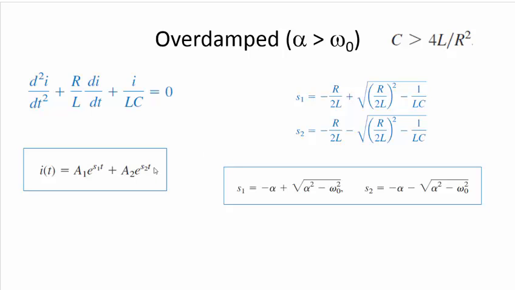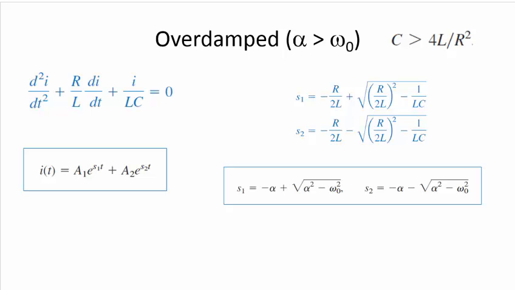And these exponents, S1 and S2, are found from the R, L, and C values. This is them right there. S1 and S2 are the two roots. We often write this in a shorthand notation, S1 equals these functions of alpha, where alpha is this value and omega naught is this value here.